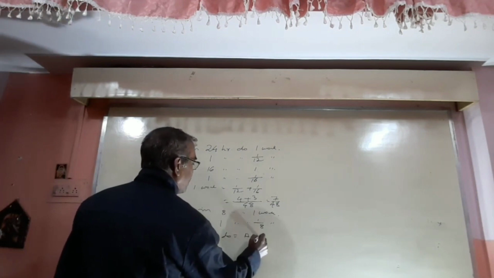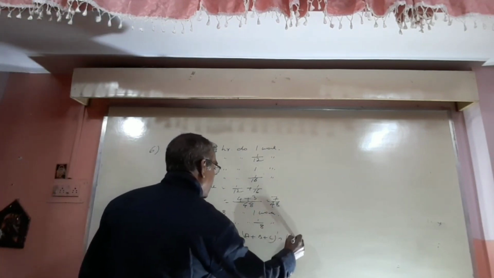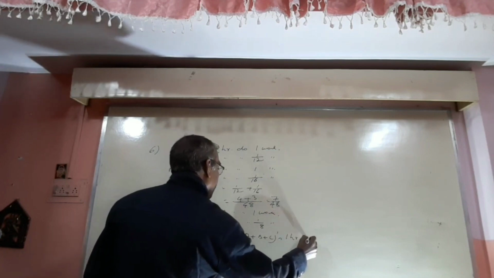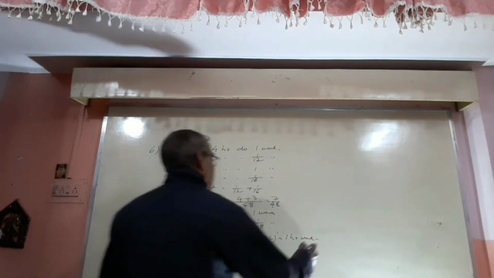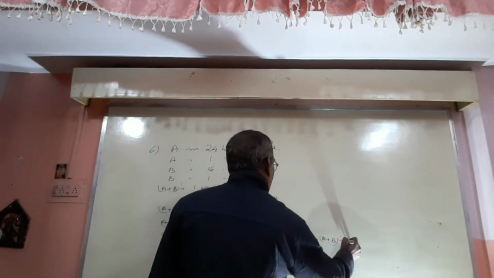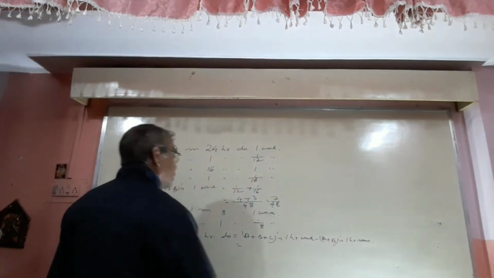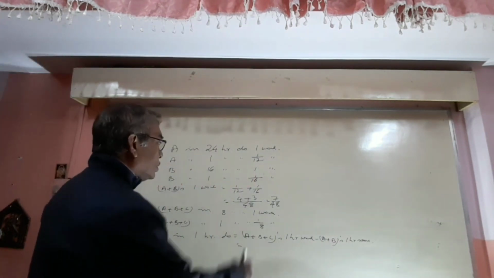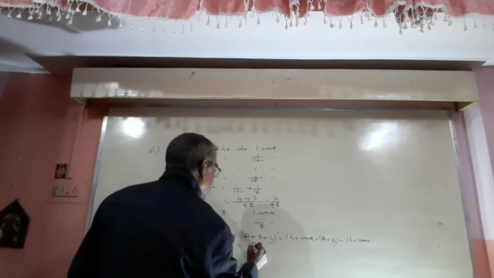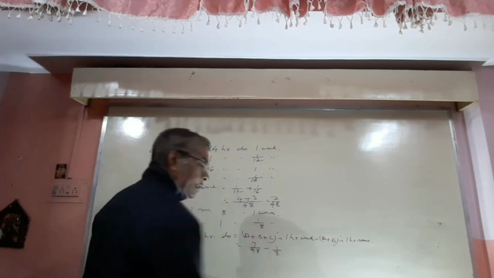A plus B plus C's 1 hour's work minus A plus B's 1 hour work. Okay, so this type of detailing will be required, which is equal to 7 by 48 minus 1 by 8.